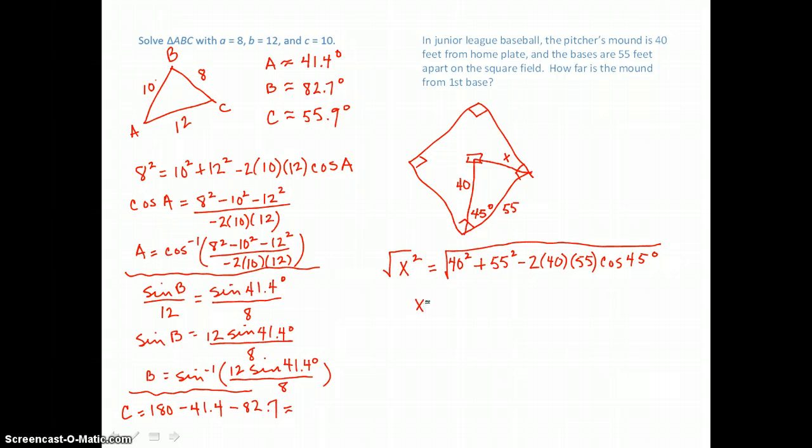So x, or this distance from the mound to first base, is going to be approximately how many feet? If you run that through your calculator, you should get a distance of 38.91 feet.